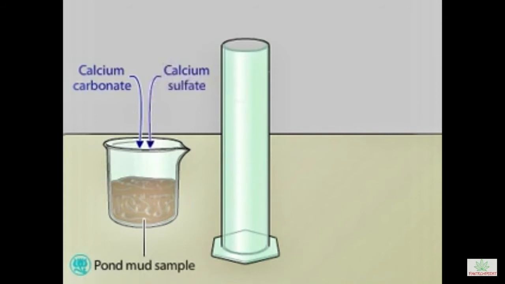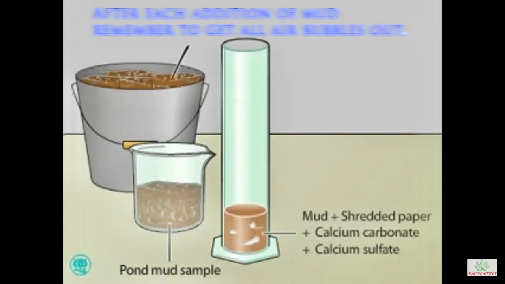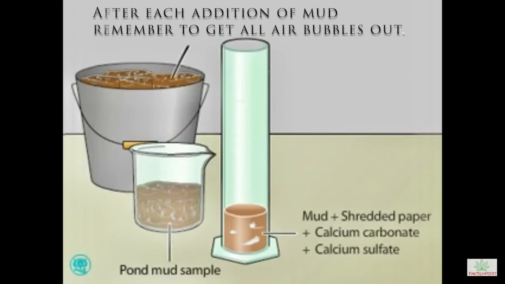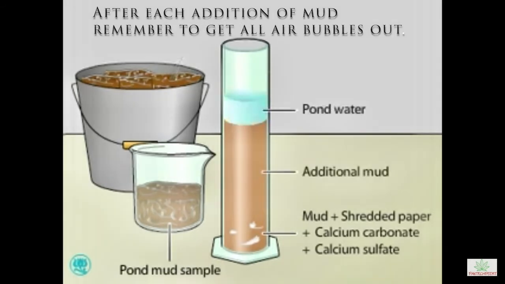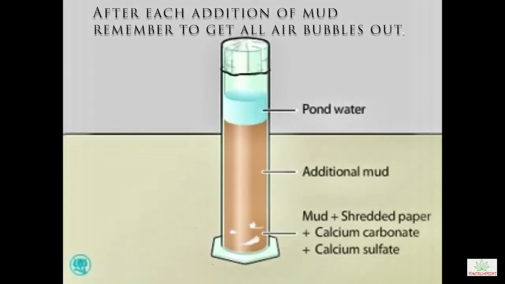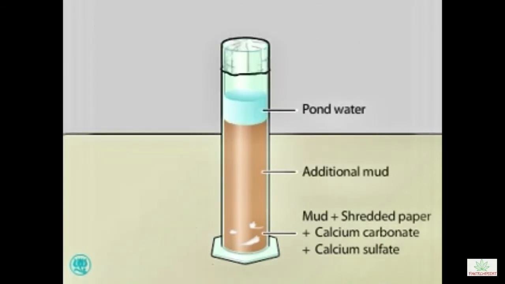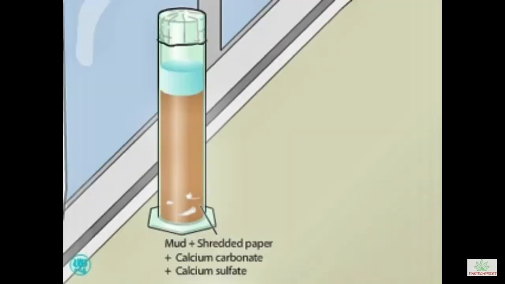You'll then add all of your other compounds into it, such as calcium carbonate and calcium sulfate. You'll put this in the bottom of your Winogradsky column or at the bottom of your jar, then adding more mud sample on top of it, keeping at least 1 inch from the top of the jar to fill it with pond water. After this, you should then put on a lid or cover the entrance to the jar or Winogradsky column and put it next to a window.